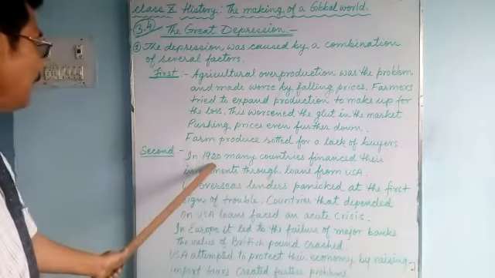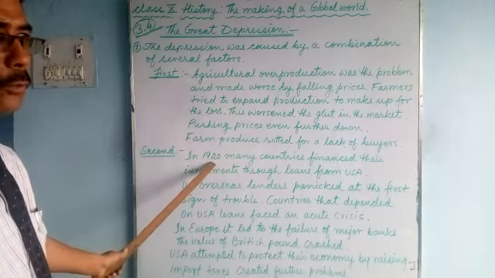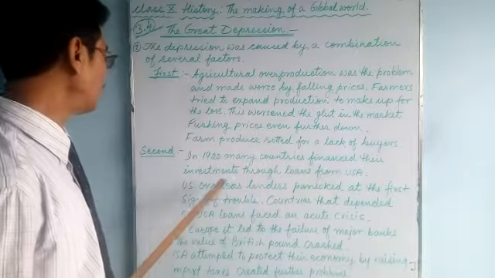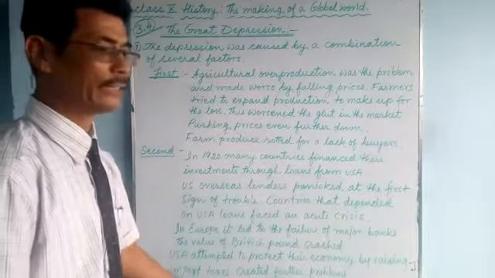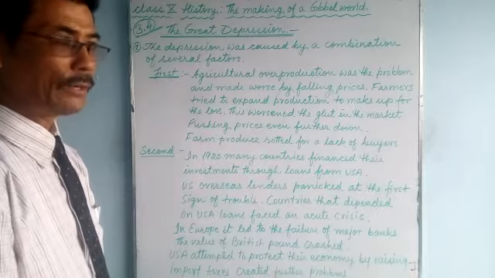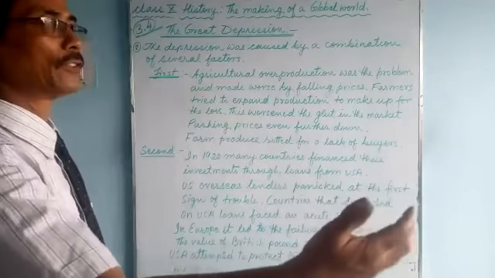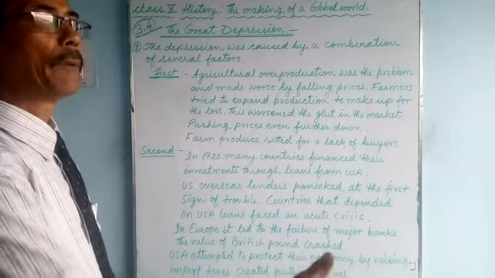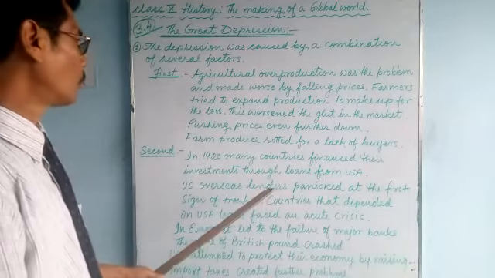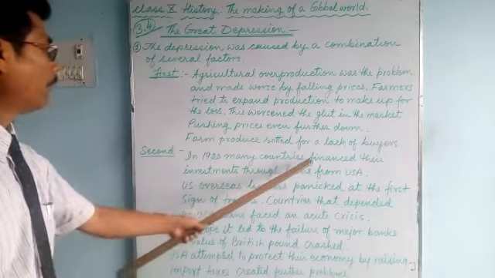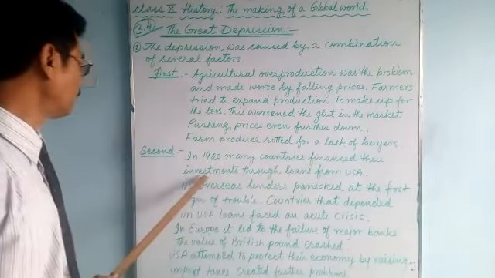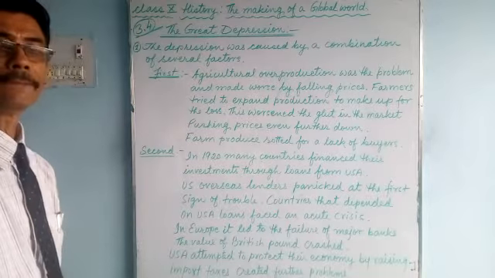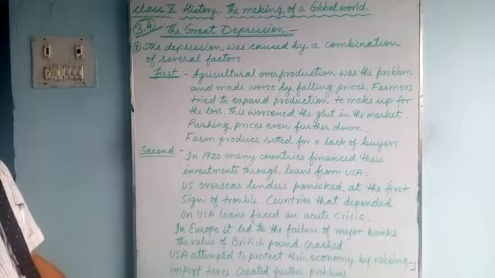Many countries from Europe financed industries, construction, repairing of infrastructure, roads, bridges, through loans from USA. And USA supplied them freely.